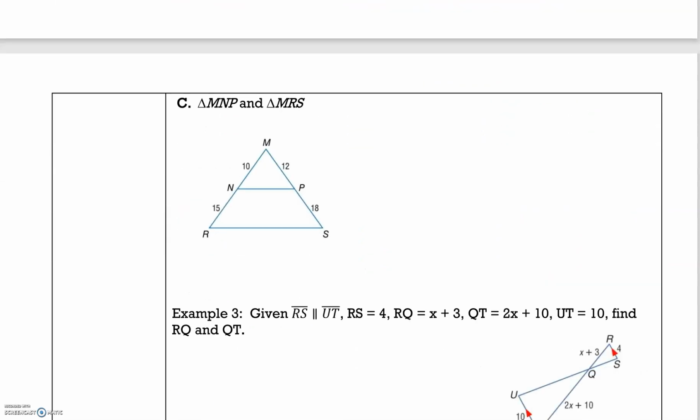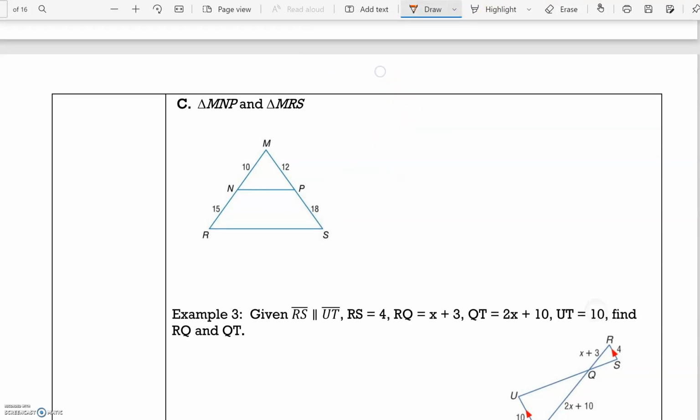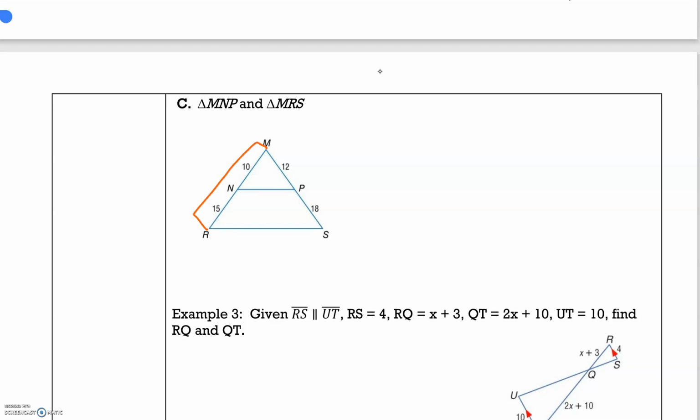So here is our next one, and we are going to take and compare. I'm going to do 10. So this is my little triangle, and then I also have my big triangle.